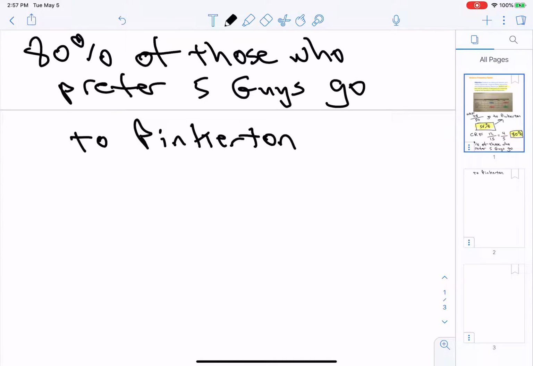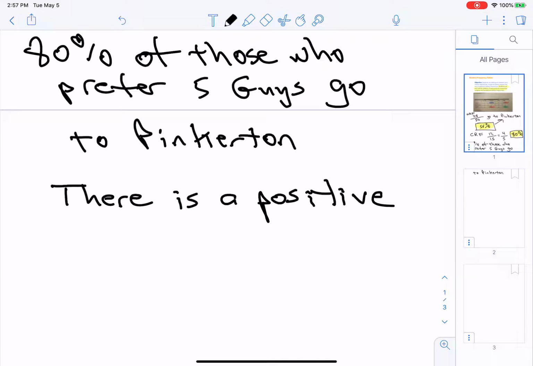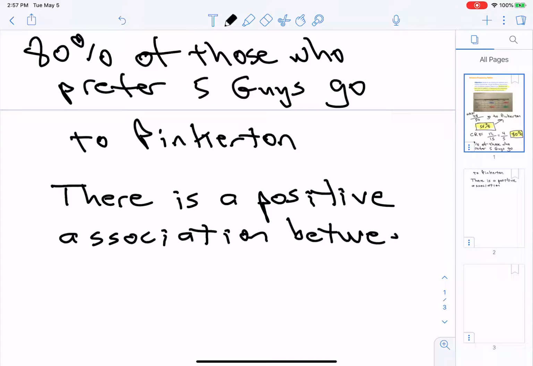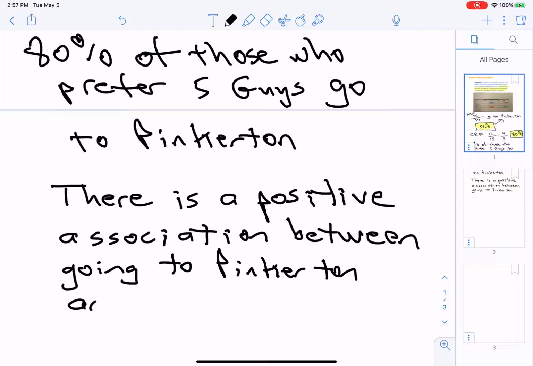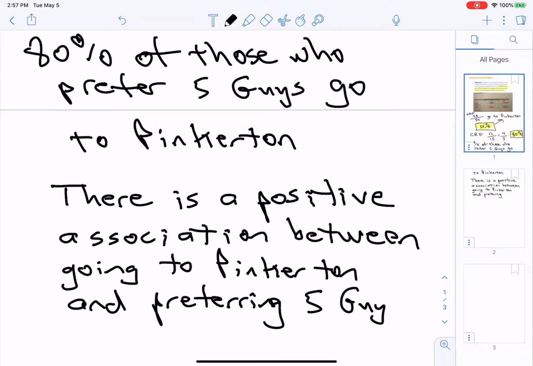Okay, we can say that there is a positive association between going to Pinkerton and preferring Five Guys.